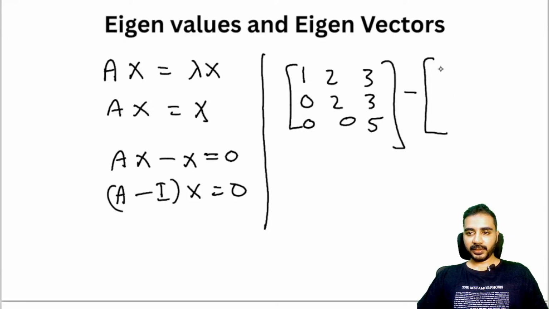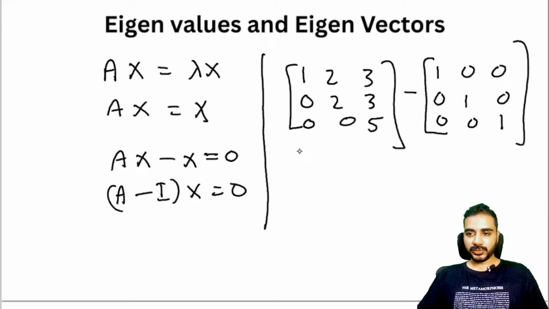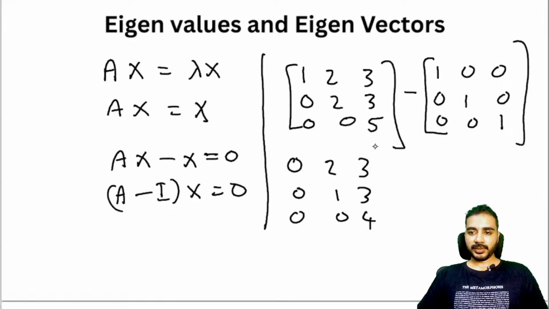A minus I, I'm calculating here with the identity matrix 1 0 0, 0 1 0, 0 0 1. If I do this, I will be getting 0 2 3, 0 1 3, then 0 0 4. This is the resultant matrix A minus I.